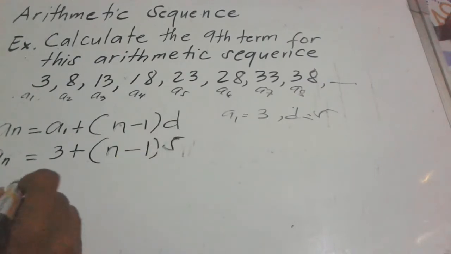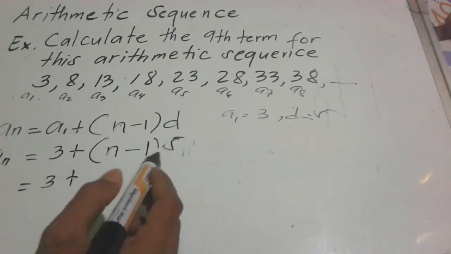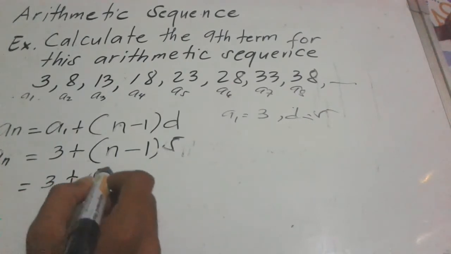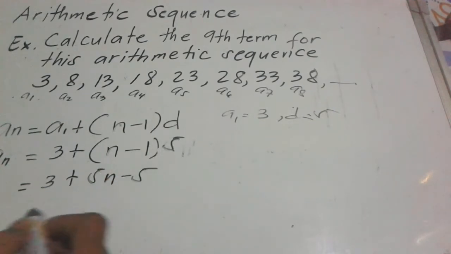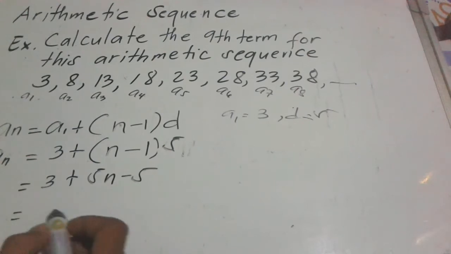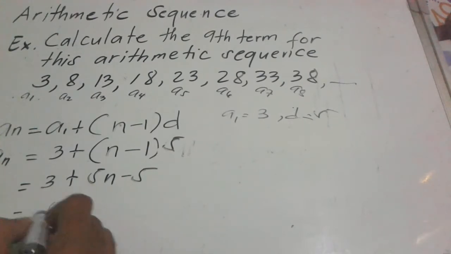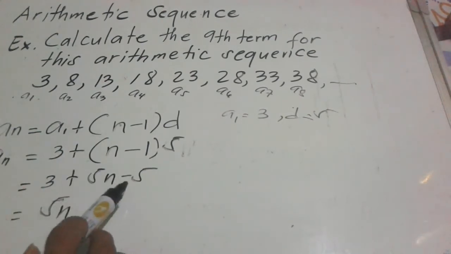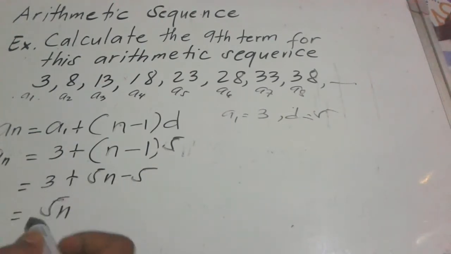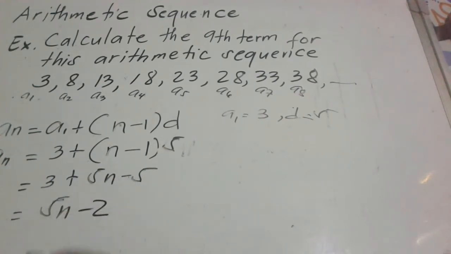Next, bring down 3, plus 5 times n, 5n, 5 times negative 1, negative 5. So 5n, then negative 5 plus 3, negative 5 plus 3 is negative 2.